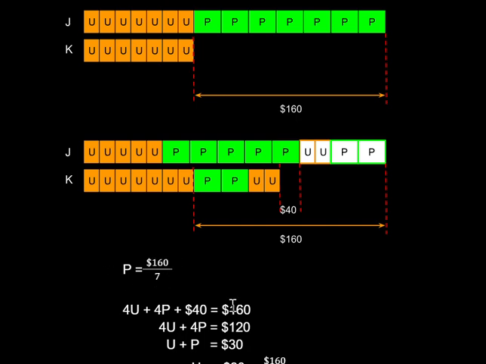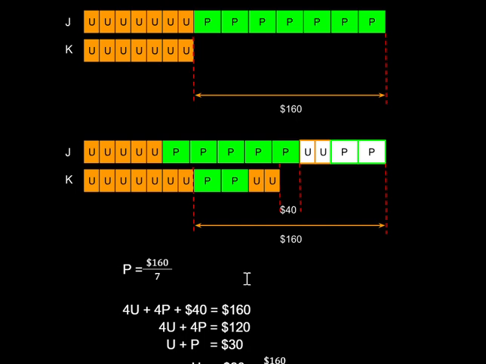From the second diagram, I have 4P plus 4U plus $40 is equal to $160. So if you see 2P, 2U, 2U, 2P and $40 will give me $160. This is how I do the comparison.